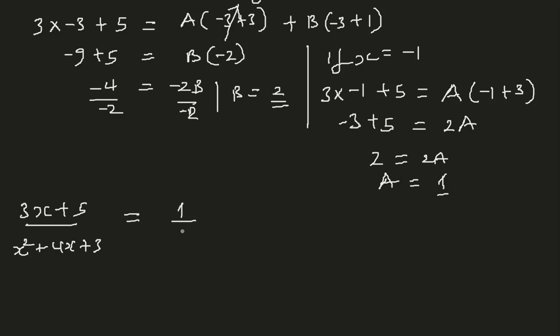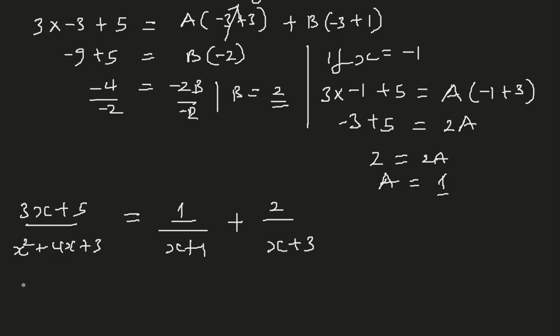Just substitute where there's a, put 1 over, what was our denominator? The denominator was x plus 1. Then plus, we had a b, which was 2, over the denominator, which was x plus 3.